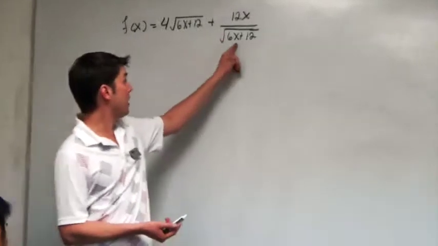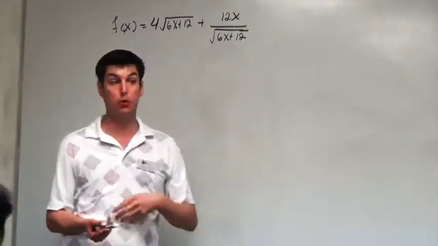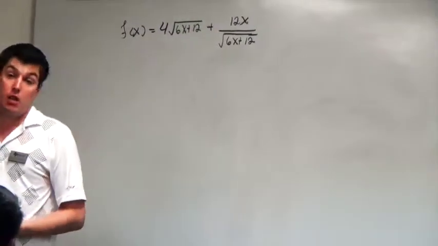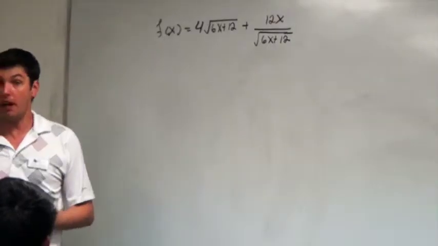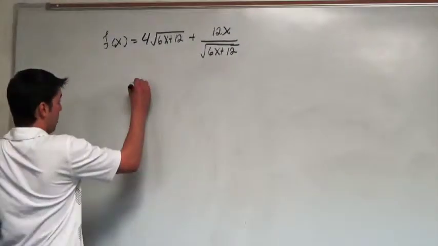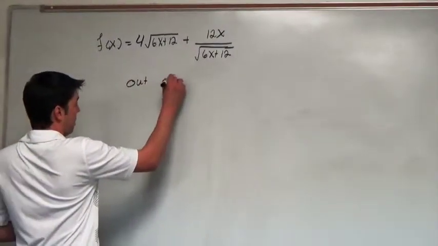One, there is a denominator, so it cannot be 0, and two, there is a square root, so its contents cannot be negative.